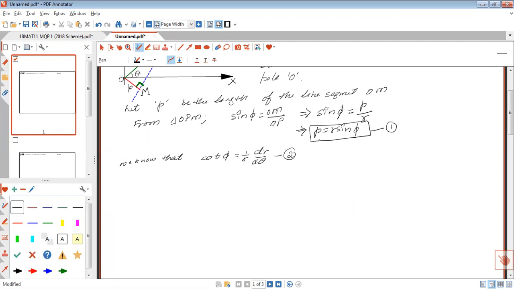Now for equation number 1, I will square both sides and take the reciprocal.